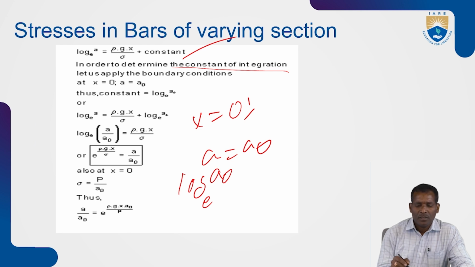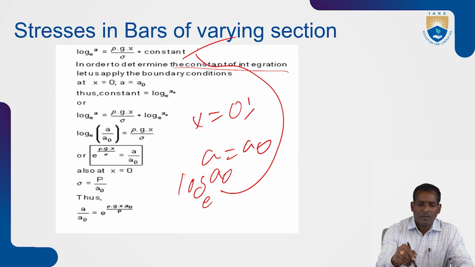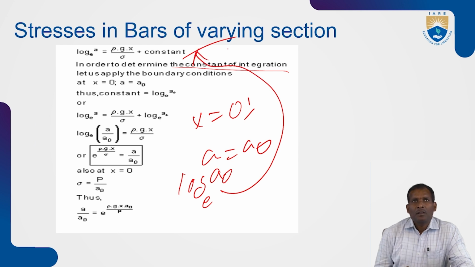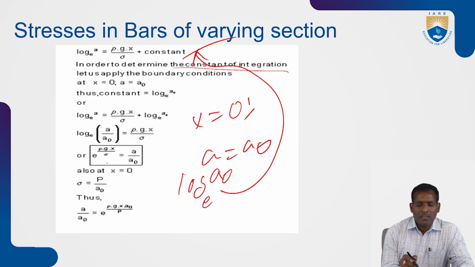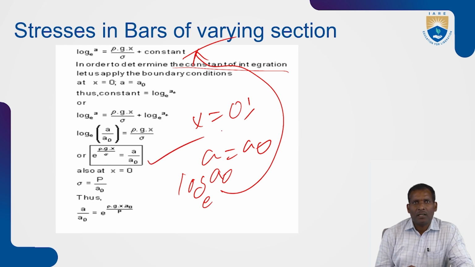Substitute in this equation, and we will get finally e to the power of rho g x by sigma, that is equal to A by A naught. And also at x equal to 0, the boundary condition, the area is A naught.